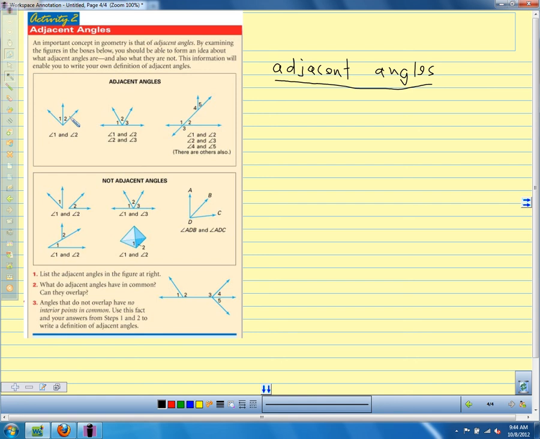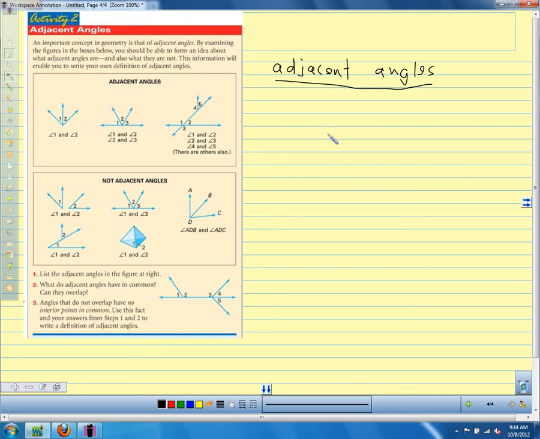Well, these 2 don't necessarily add up to 180. I guess it could be 90, but angle 1 and 2 don't necessarily add up to 90 or 180. But that's a good guess. What do you think, John? Well, no, 1 and 2 here don't have the same measure.